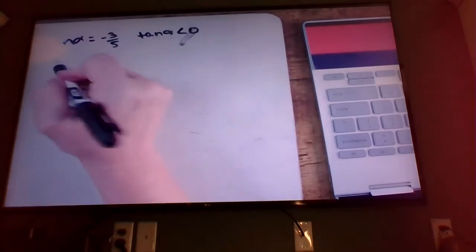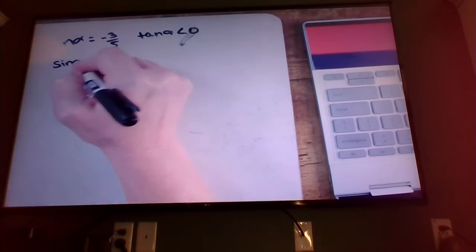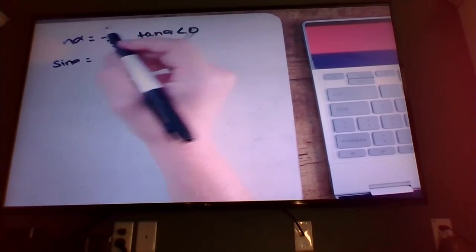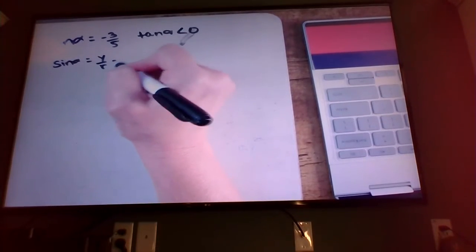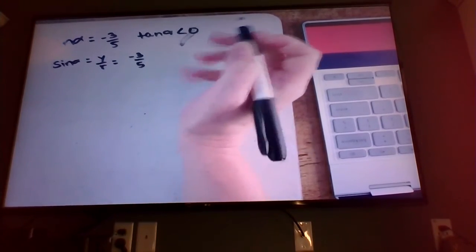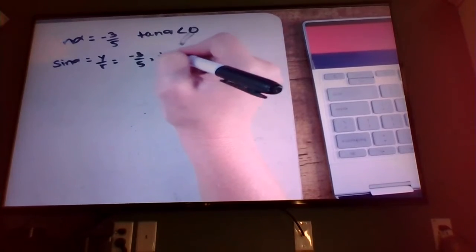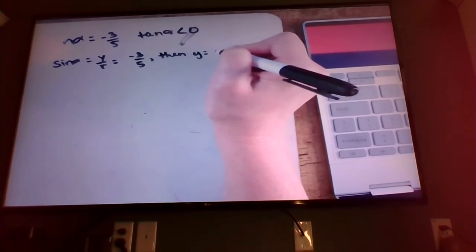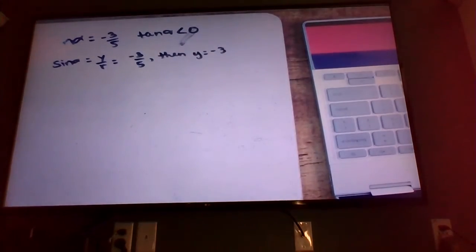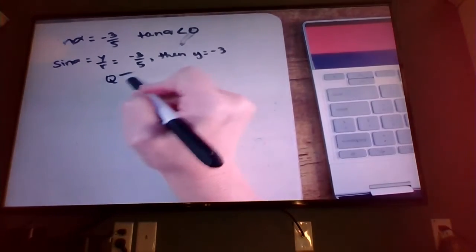Well, sine of alpha is y over r, which is negative 3 over 5, so y equals negative 3. So it has to be below the x-axis. And tangent is also negative, so if tangent is negative, that means x is positive. So it has to be in quadrant 4.